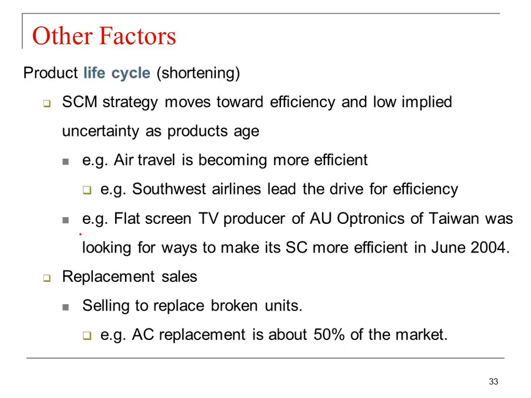For instance, Southwest Airlines led the drive for efficiency. They have different ideas and different strategies that make them a good competitor right now. Flat screen TV producers: AU Optronics of Taiwan was looking for ways to make the supply chain more efficient in June 2004.